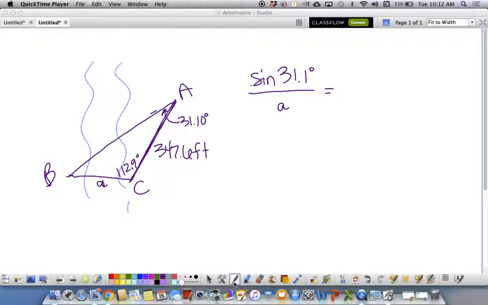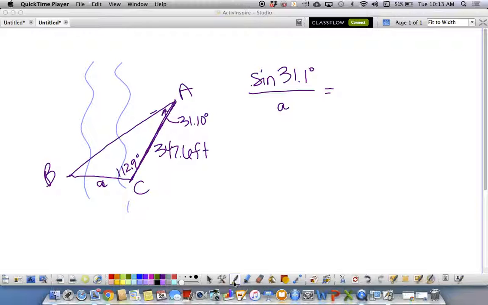Because that's the only side length you have. So another big key with the law of sines, you always have to have an angle and a side opposite it. If you don't have that, you can't use the law of sines. Not possible. So we're subtracting 180 minus 112.9 minus 31.1, and we get 36 degrees, yes?